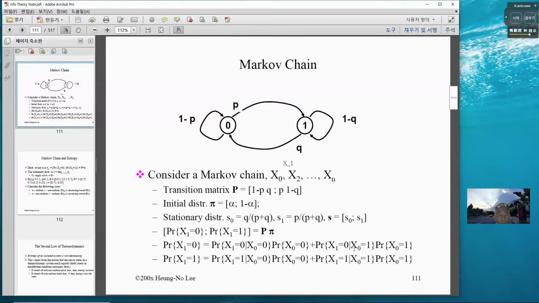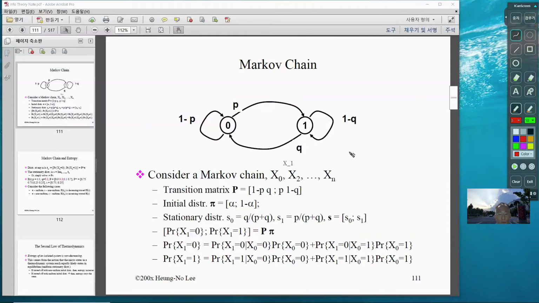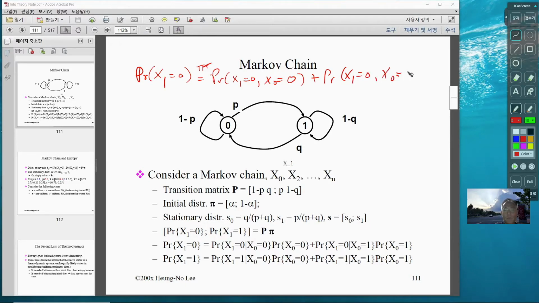So if I say this one more time, for example, you can show that this probability x1 is equal to 0 is equal to, using total probability theorem, probability x1 equal to 0, x0 equal to 0, plus x1 equal to 0, x0 equal to 1.